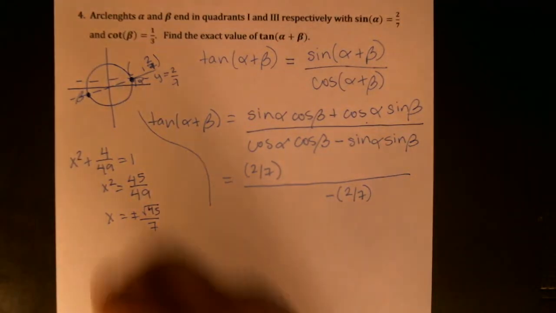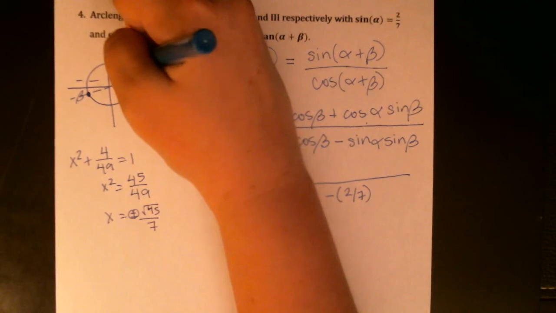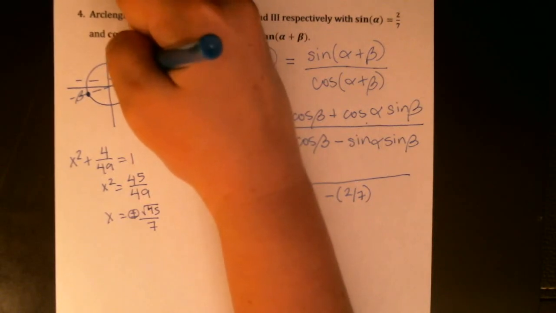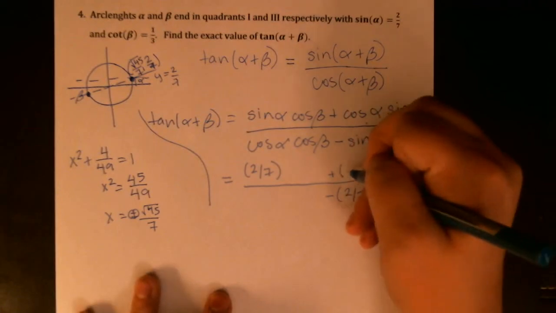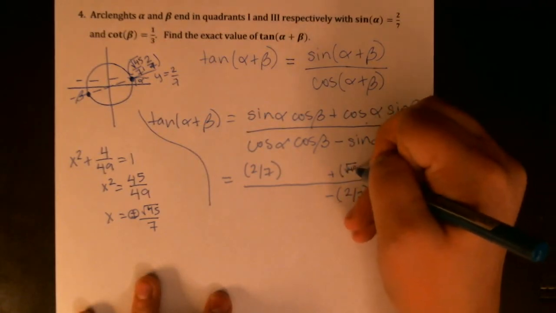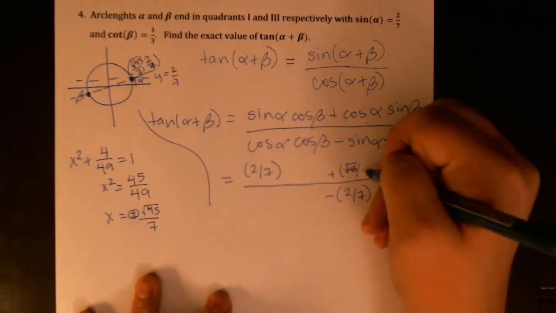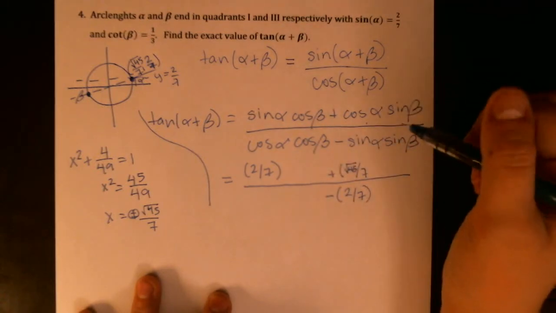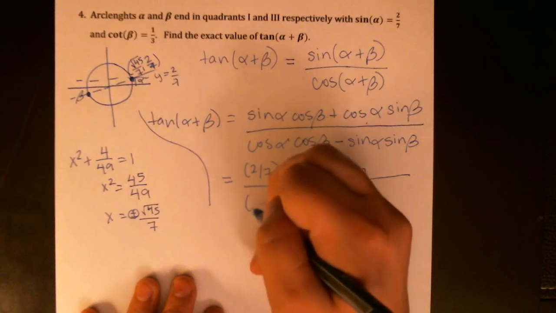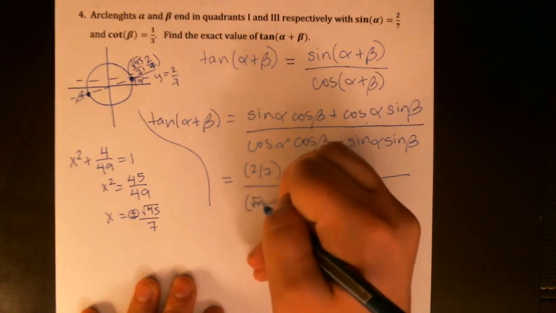Alpha was in quadrant 1, so we're going to choose the plus. So this is a root 45 over 7. And over here, we can fill in the cosine alphas with that number. Okay, so right here as well, root 45 over 7.